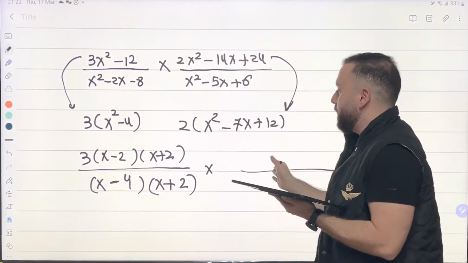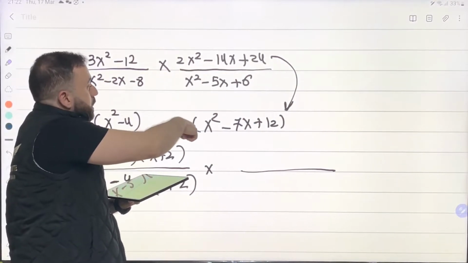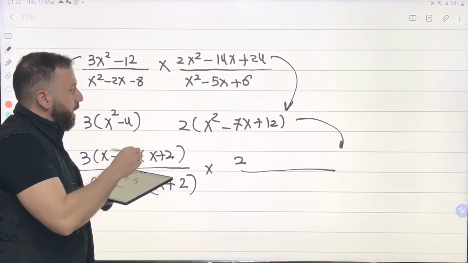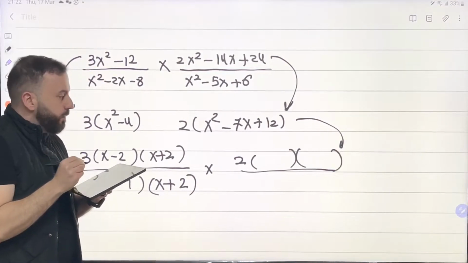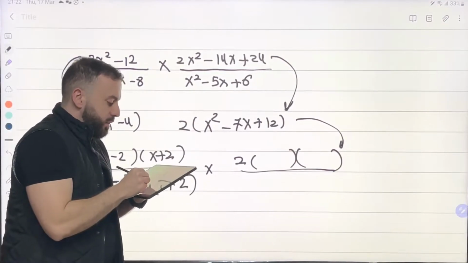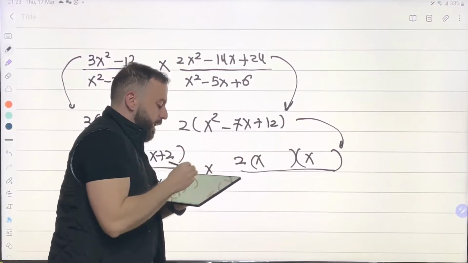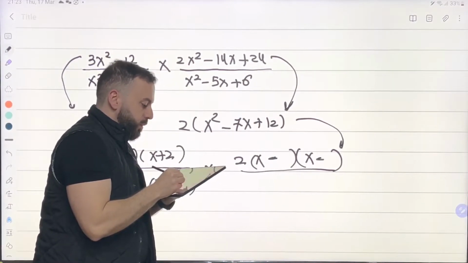Okay, let's go for the second part here. As you can see, I put 2 already outside. Factorize now what's inside. Open bracket, open bracket. Okay, check this, x and x. The first one, negative. Negative times positive, negative.